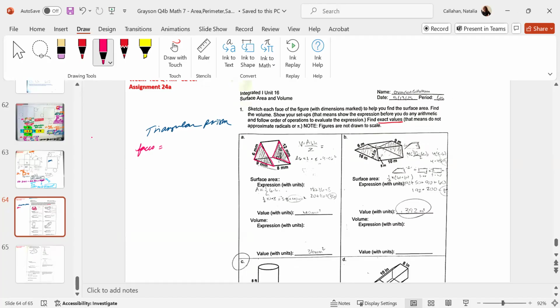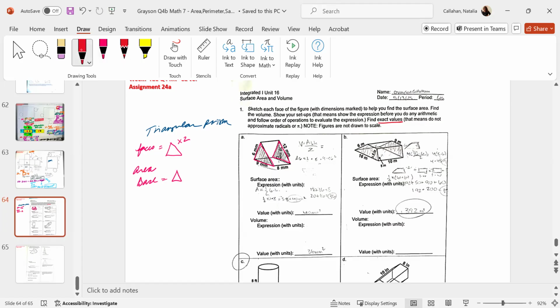Well, you have this times 2. There's 2 of them, right? So let's find out. That's actually the area of the base. So your area of the base of a triangular prism is a triangle, right?